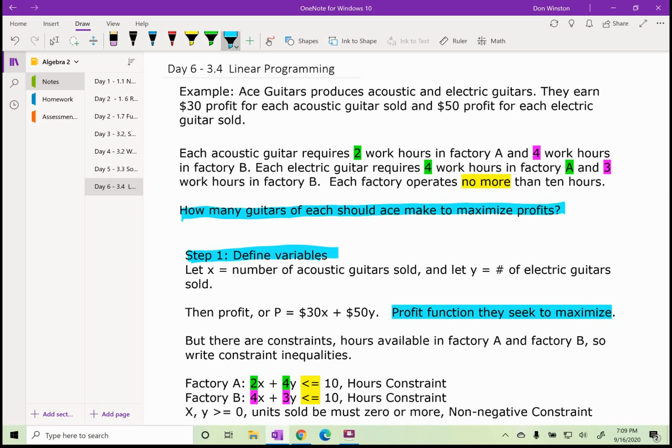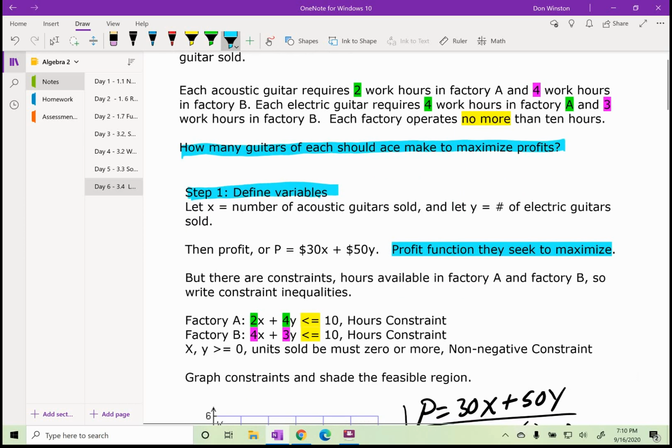X will equal the number of acoustic guitars sold, and Y will equal the number of electric guitars sold. Then the profit will be, for each acoustic guitar they earn $30, so 30x, and for each electric guitar they earn $50, so 50y. So they want to maximize. They want to make as much money as possible. So maximize 30x plus 50y.